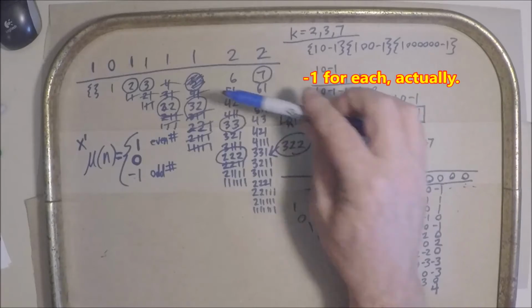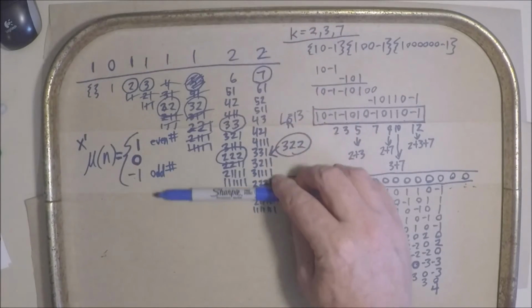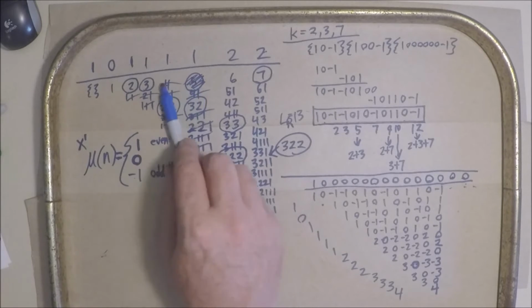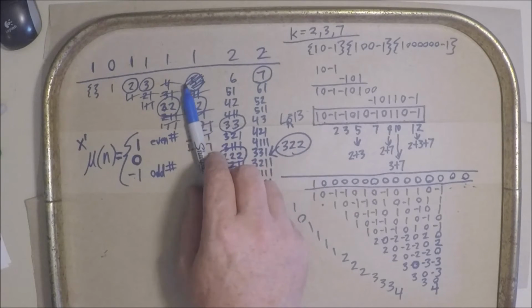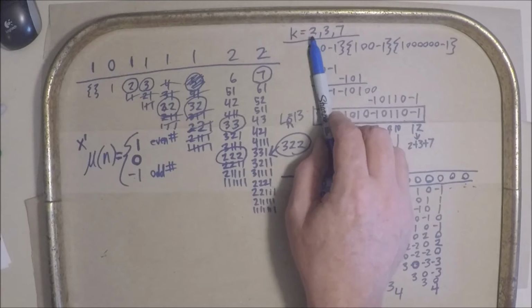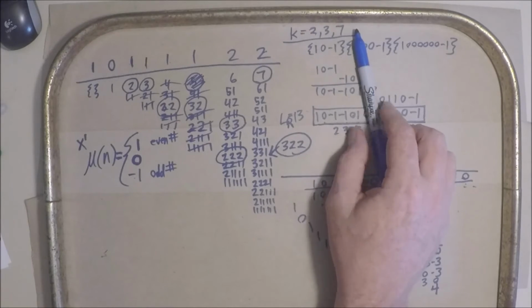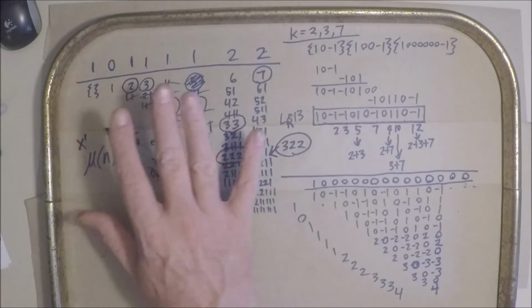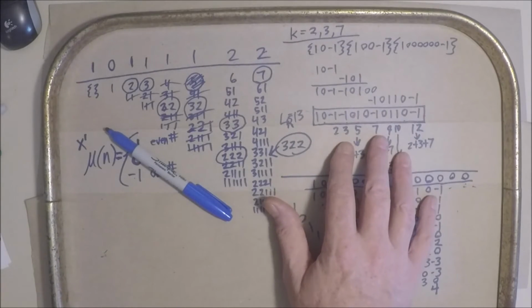But the point being is that once we get to partitions, then we're going to be counting partitions into parts that are equal to either 2 or 3 or 7 or 12. And the whole square free thing doesn't impact that.